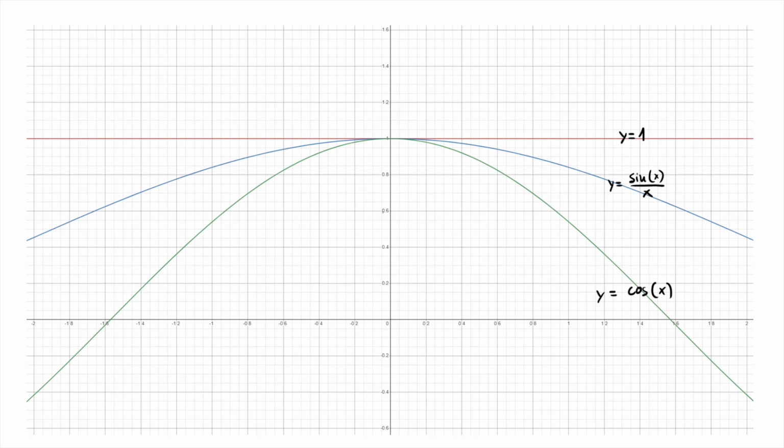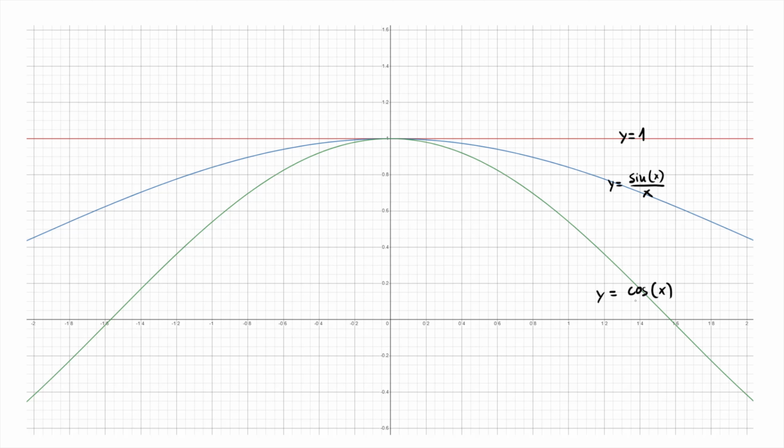What you can see here is that within this short range between -2 and +2, and a little bit further on, the function sine x over x is indeed basically being squeezed in between two other functions, those functions being y equals 1 and y equals cosine x.